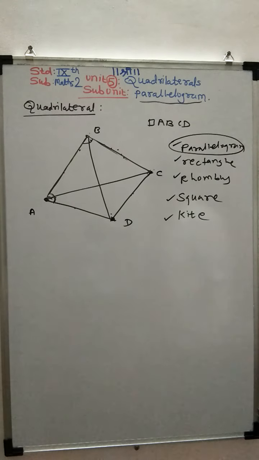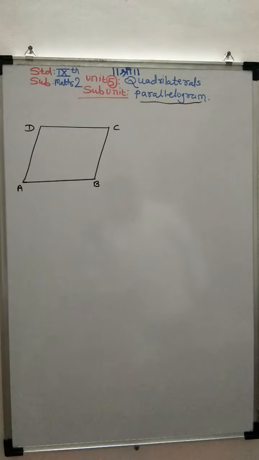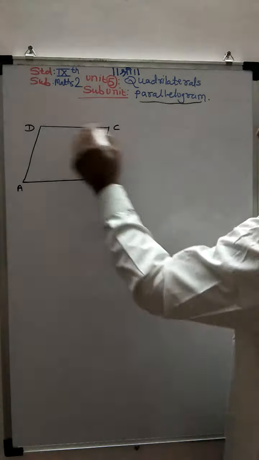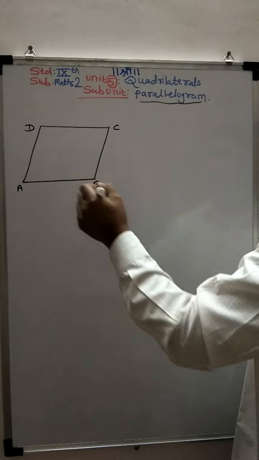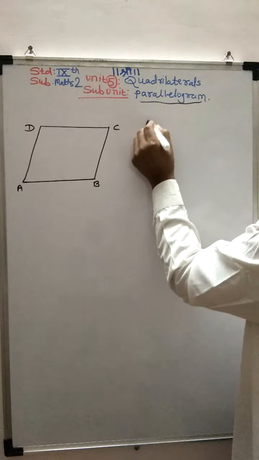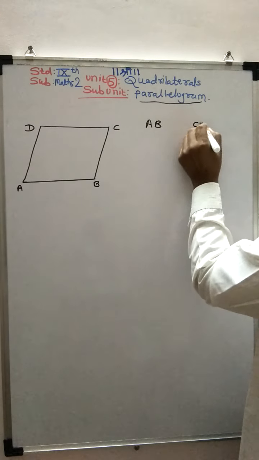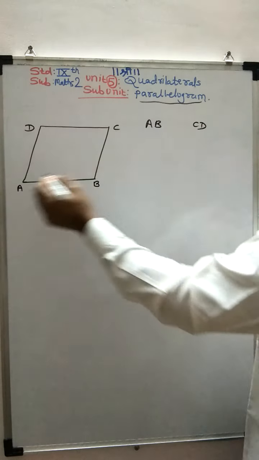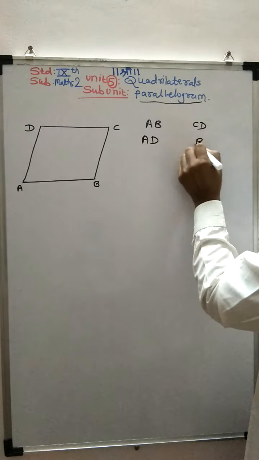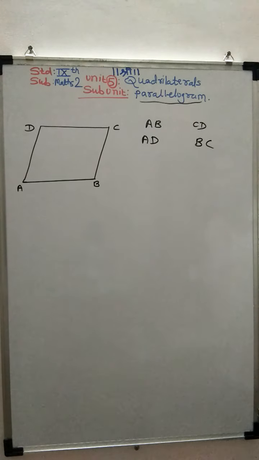First we study the definition of parallelogram. Here ABCD is a given quadrilateral. Its opposite sides AB and CD, also AD and BC, are the opposite sides.